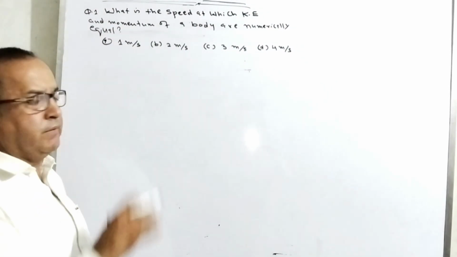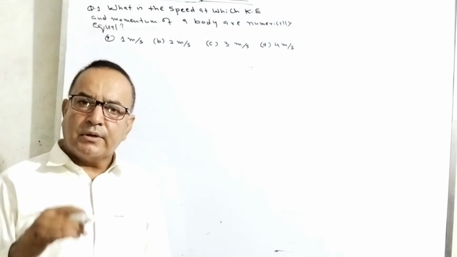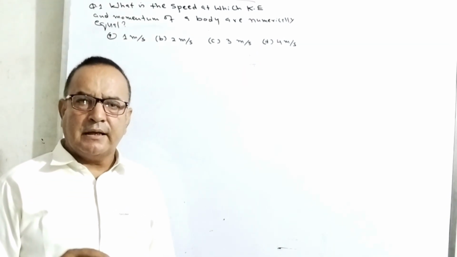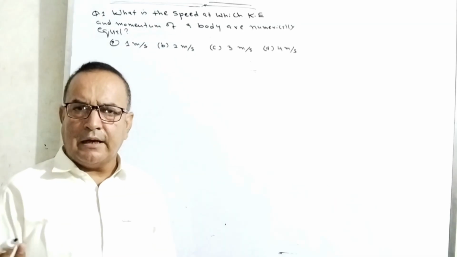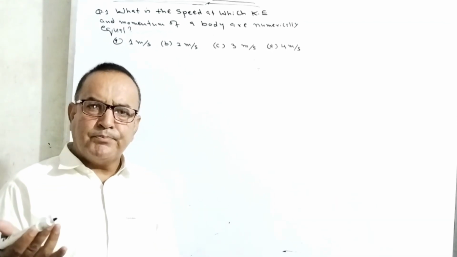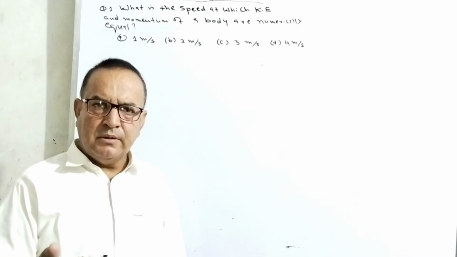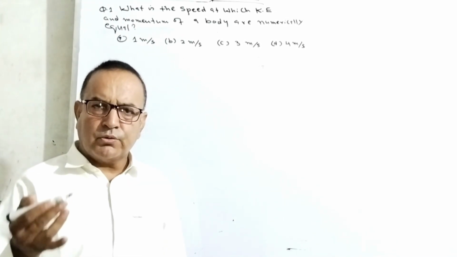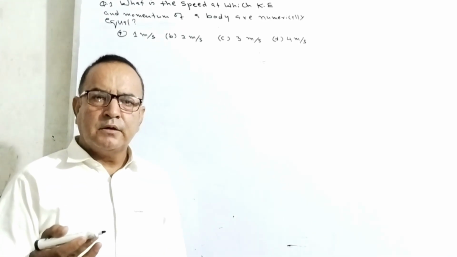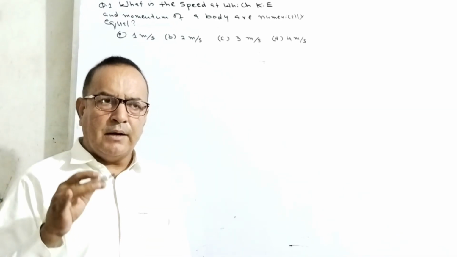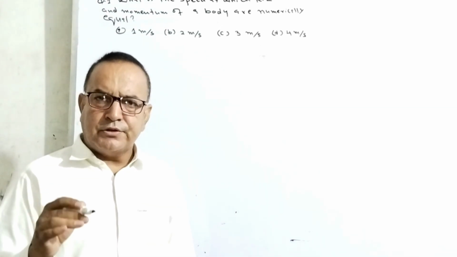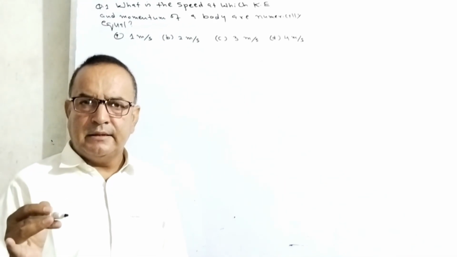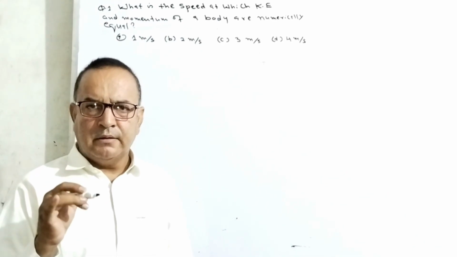We cannot use an educated guess here. An educated guess can be applied to a theoretical MCQ, but this is purely a problem. This requires derivation and calculation to find the value of the speed at which both momentum and kinetic energy are numerically equal.